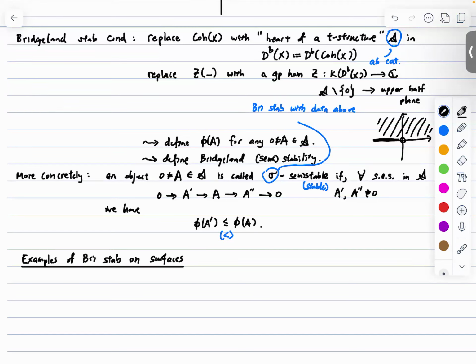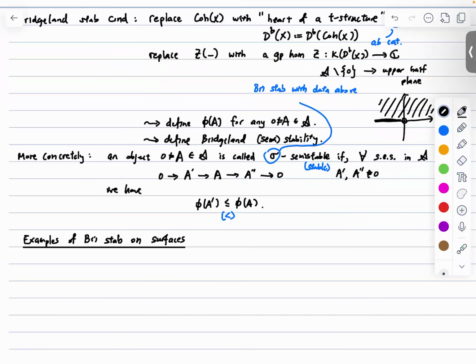I'll write down a concrete abelian category. I'll write down a concrete formula for this complex number Z. So you will know how to define concretely the phi for every non-zero object in this abelian category. And so you have a very concrete definition of what it means for an object to be Bridgeland semi-stable.